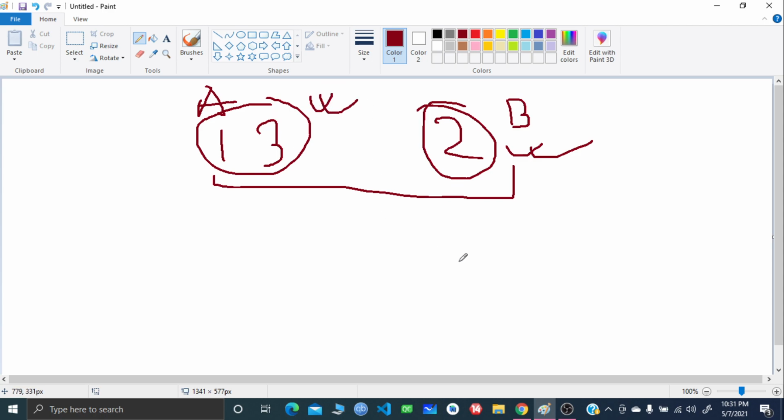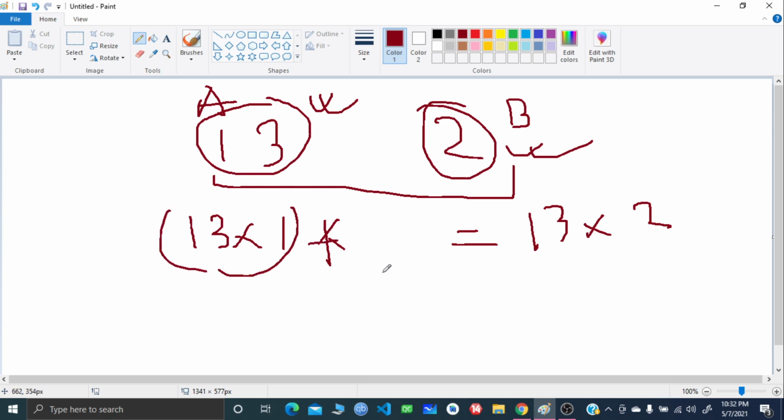One of my numbers is 13 times 2, and the rest would be 13 times 1, and the other value would be 13 times b minus 1. b minus 1 is actually 2 minus 1, which is 1. Now that's not what I wanted.